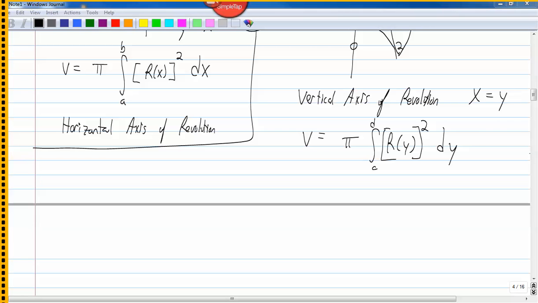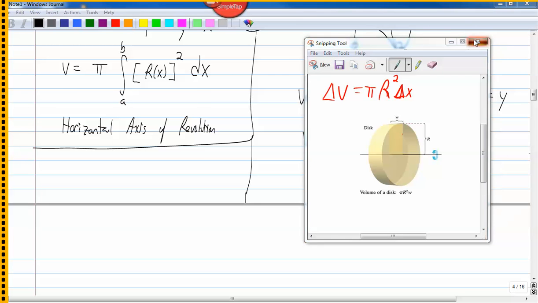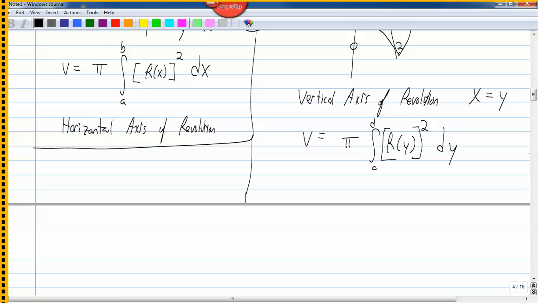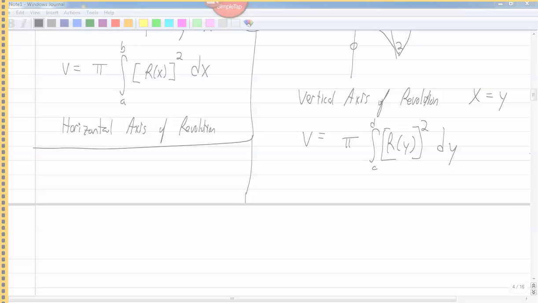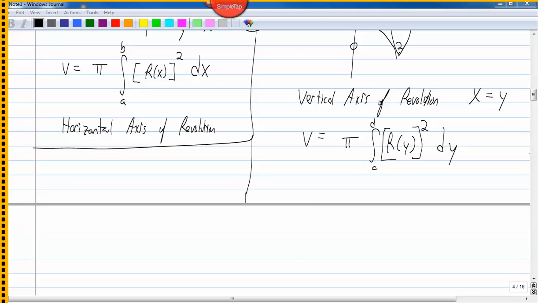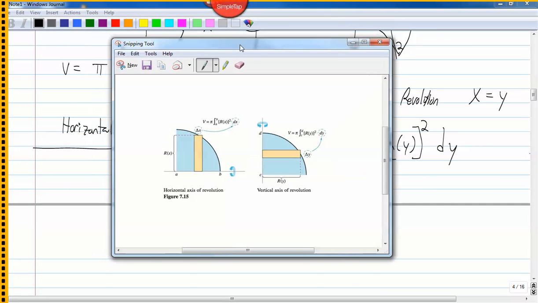Alright, so let's think about, again, a horizontal axis of revolution and a vertical axis of revolution, and what that actually looks like. Think about, in your mind, horizontal and vertical, in 2 dimensions, which we draw all these graphs.